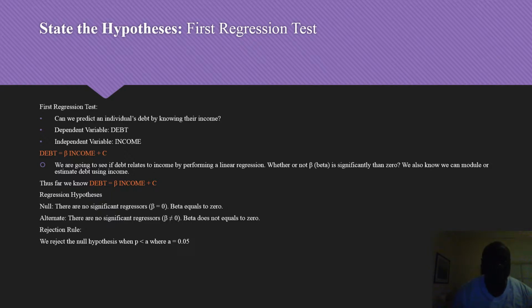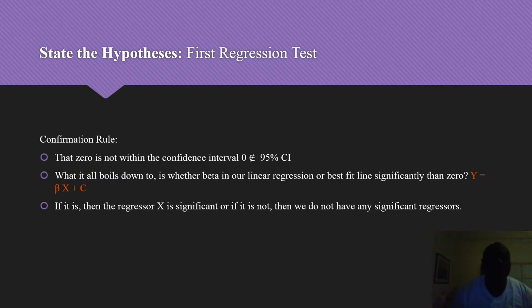The regression hypothesis here will be: null, there are no significant regressors, beta equals 0. Alternate, there are significant regressors, beta does not equal 0. Rejection rule, we reject the null hypothesis when P is less than alpha, where alpha equals 0.05. So the confirmation rule, as we can see, is that 0 is not within the confidence interval, and so forth.